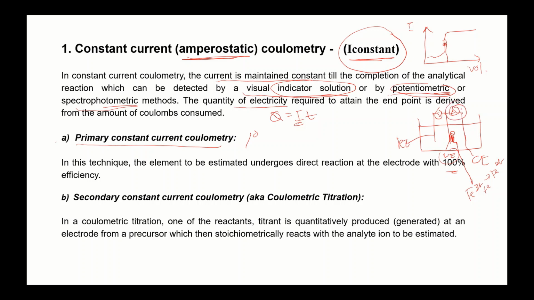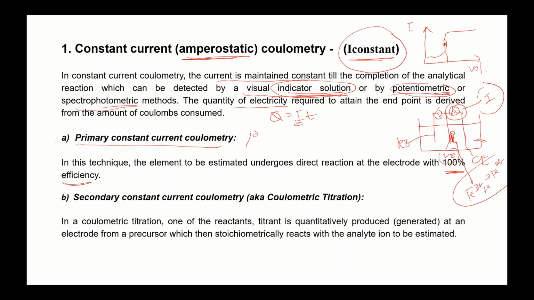So you are measuring ampere I with time until the change of this solution. If you use an indicator solution, it's directly carried out on the working electrode with 100% efficiency, for example the process of ferrum 3 to ferrum 2. So you just measure until the change of color of the indicator solution.